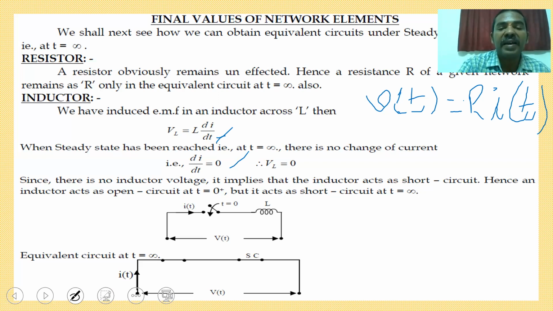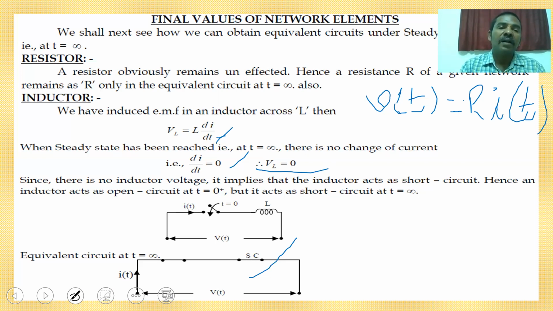Then the inductor acts like a short circuit. The voltage drop of the inductor is 0, which means it acts like a short circuit. So for the inductor at final value, we get a short circuit condition. At initial value, you get an open circuit condition.